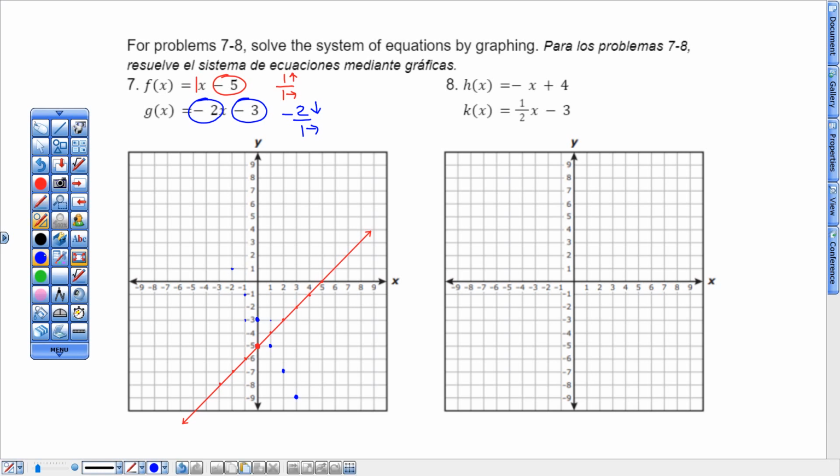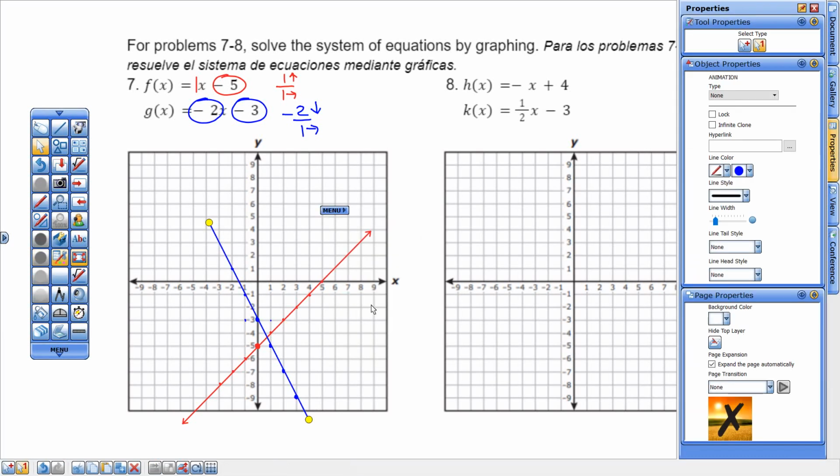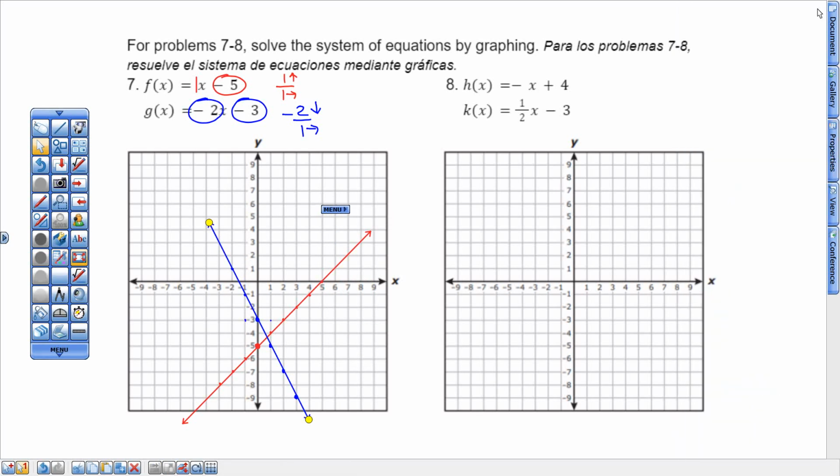And if I draw my nice, neat blue line through those, and I see where those two lines intersect approximately, hopefully I get that. I'm thinking it's about the halfway point right there.